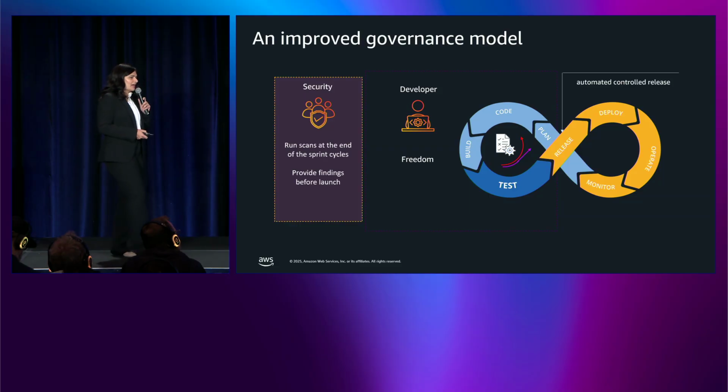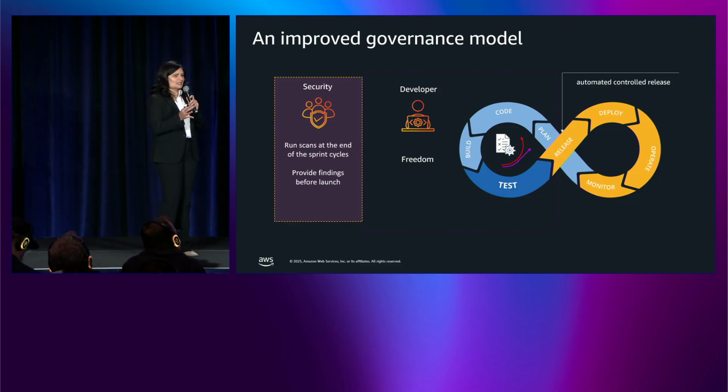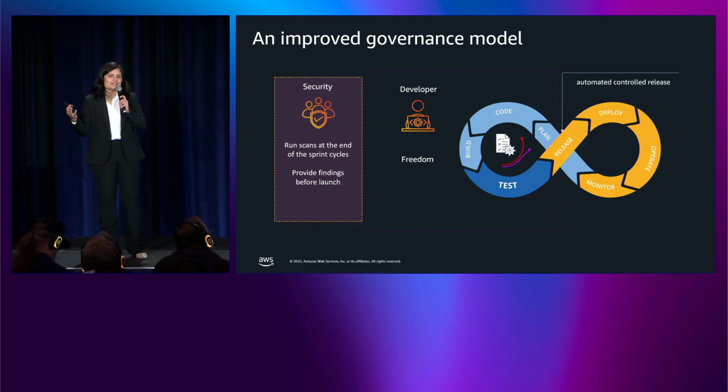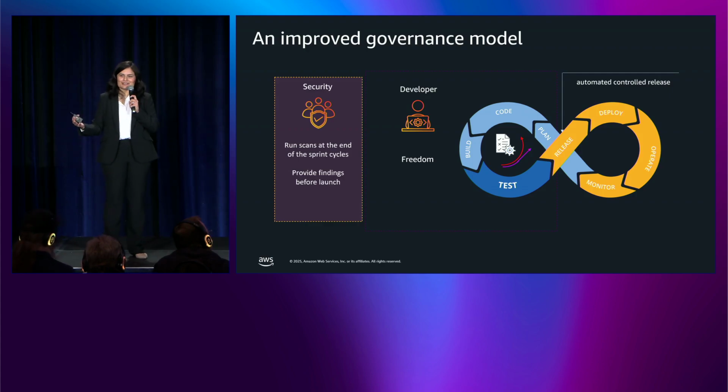Now, we often talk about security persona wanting to implement guardrails. But from a developer persona, it is very difficult to follow through and always adhere to those guardrails. And oftentimes it comes late in the system where a developer is mad at a security person to get that finding generated a lot later in the system, right?